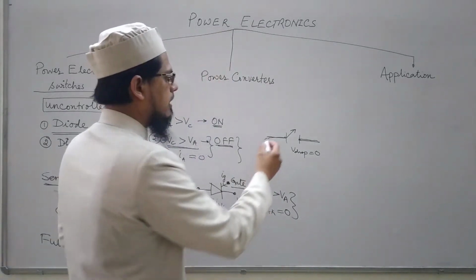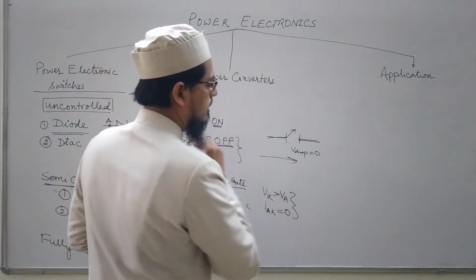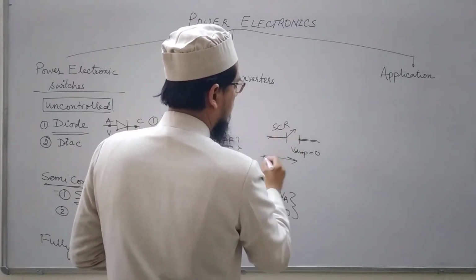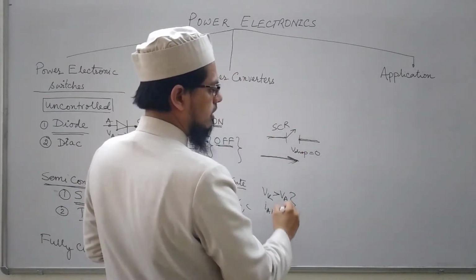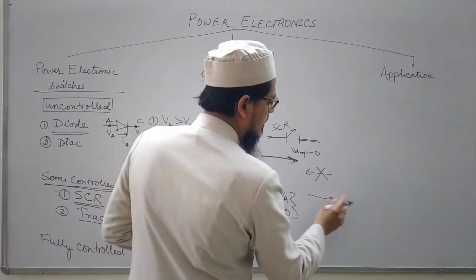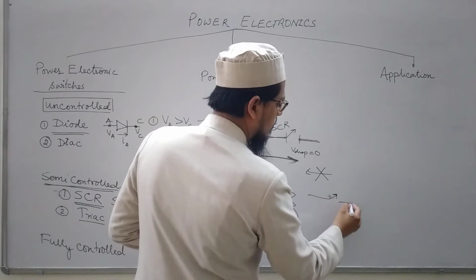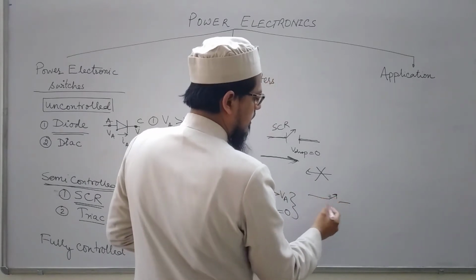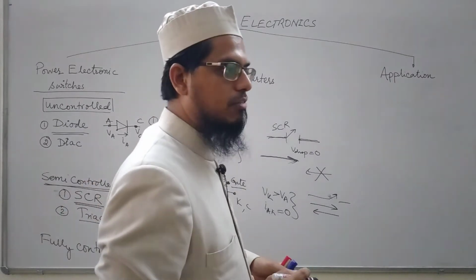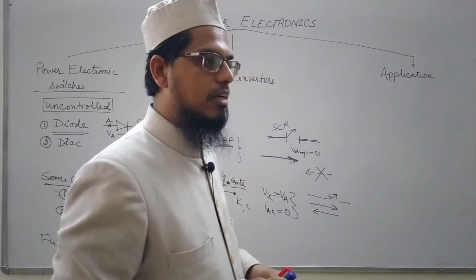In SCR, current can only flow in one direction through the switch. So if this is an SCR, current can flow only in one direction, and cannot flow in this direction. But if this switch is a Triac, then current can flow in both directions. That is the basic difference between a Triac and an SCR.